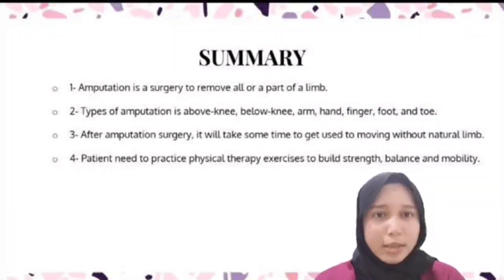It can be necessary to keep an infection from spreading through the limbs and to control pain. After amputation surgery, it will take some time to get used to moving without the natural limb. And the last one is that the patient needs to practice physical therapy exercises to build strength, balance, and mobility. That's all from me. Thank you.